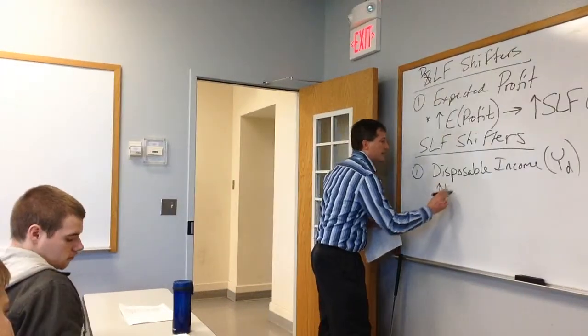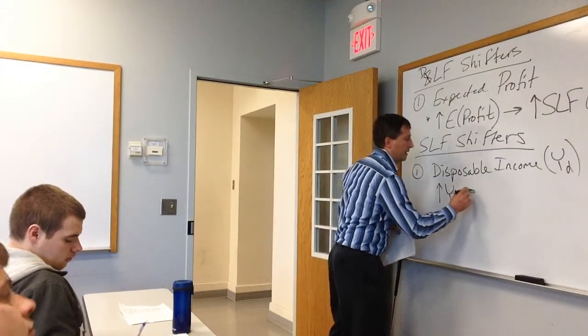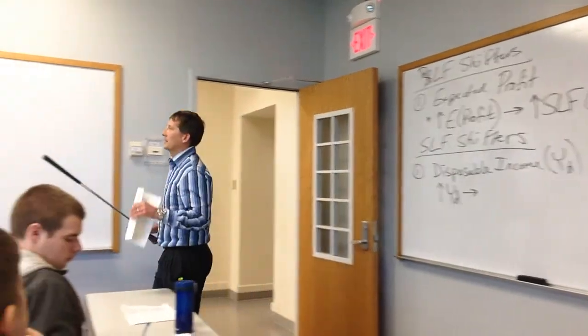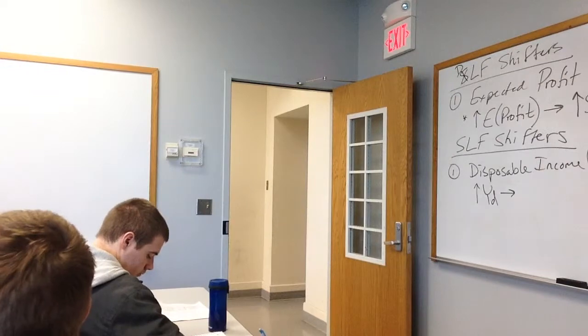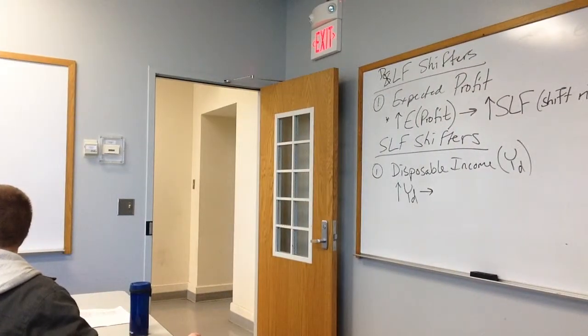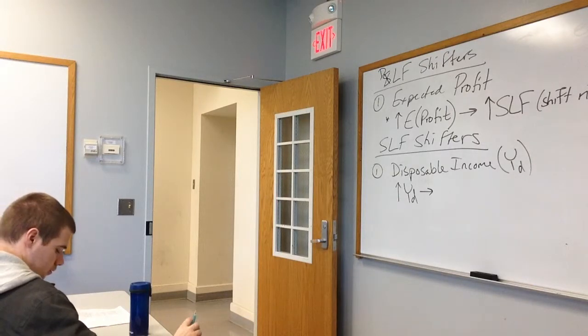An increase in disposable income leads to what with the savings supply curve? If you have more disposable income, what happens here? Left or right?